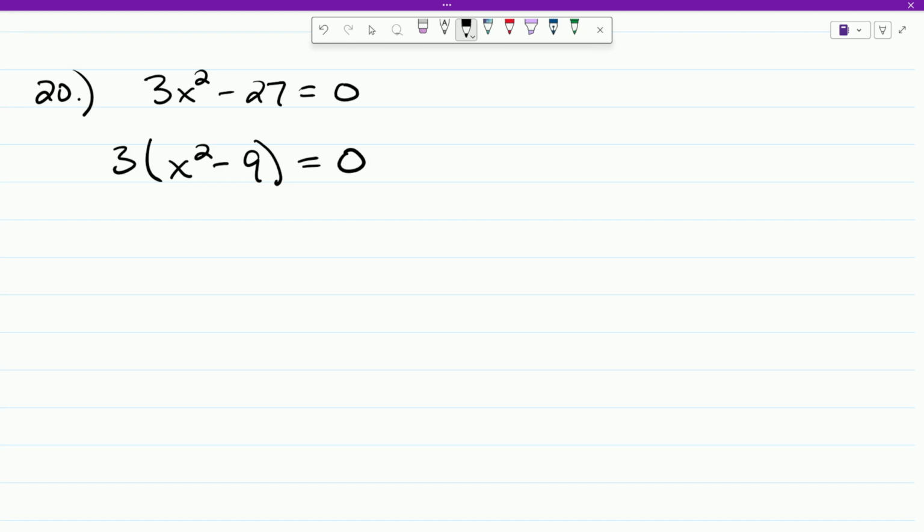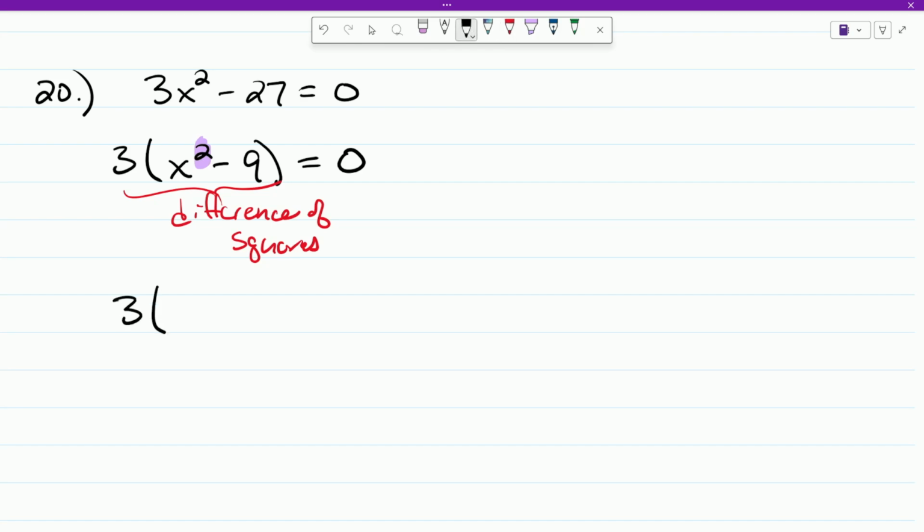There's no GCF. I have binomials. If you notice, the variable is raised to the second, and we have a minus sign, and 9 is 3 to the second. This, everyone, is difference of squares. My favorite type because it's so easy to factor.